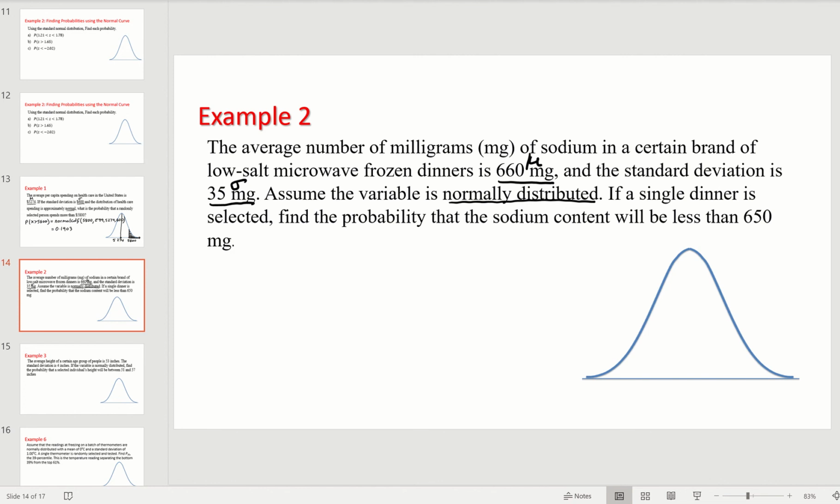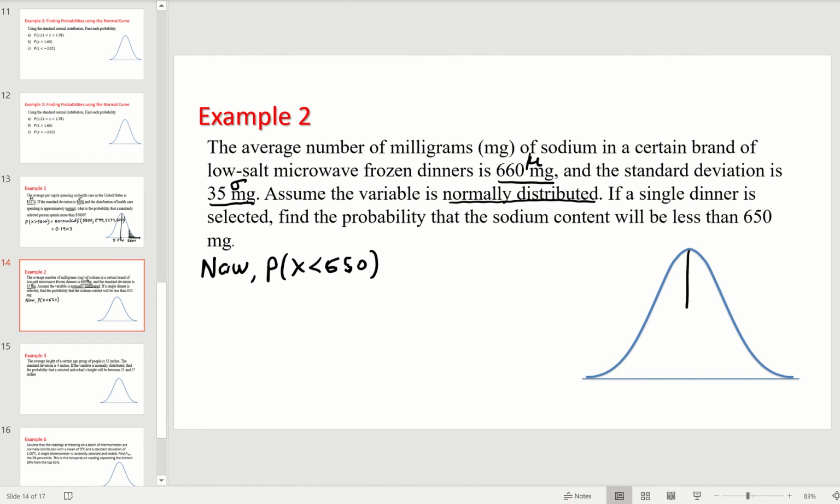If a single dinner is selected, we have to find the probability that the sodium content will be less than 650 milligrams. So we are looking for the probability that the amount of sodium is less than 650 milligrams.